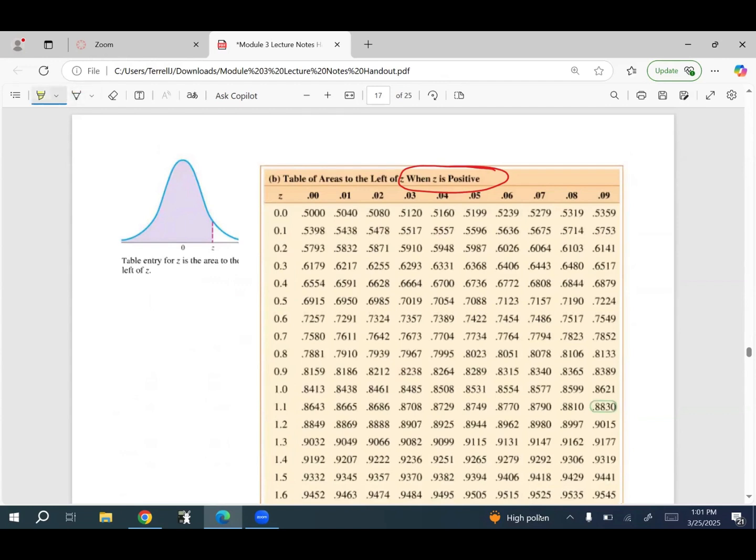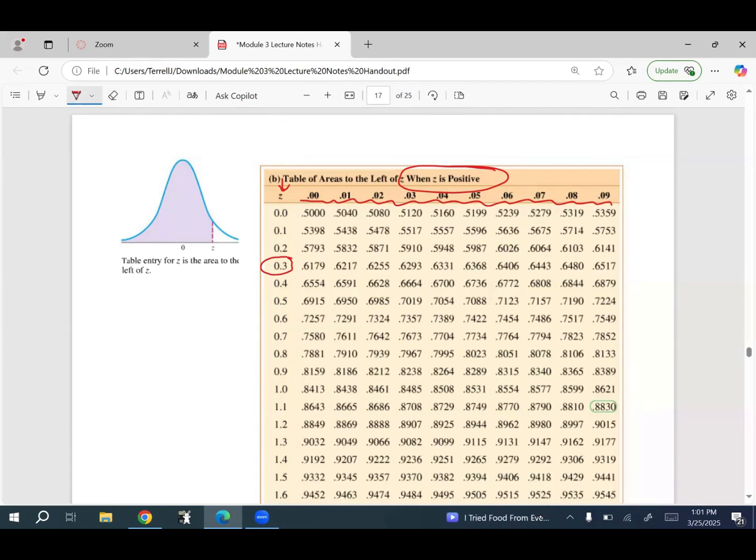On the perimeter here and here, we have z-scores. The way you read this is like this. Let's say I wanted to find 0.3. Look here and find 0.3. And then on this row, you have the hundredths place.